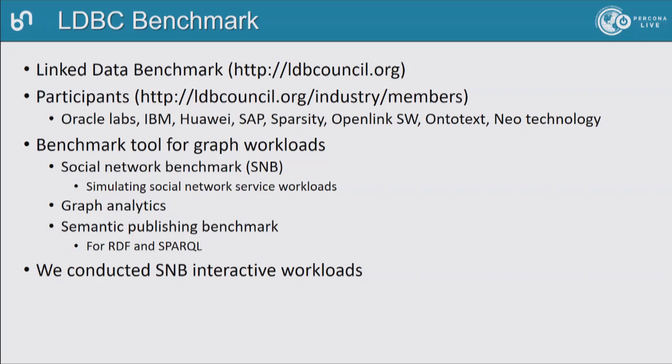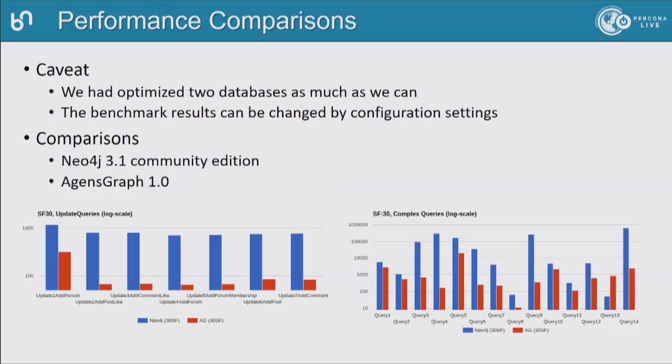And there is the graph analysis benchmark, which conducts large-scale graph analytics. We use the SNB interactive workloads for the performance comparison. This is the result. We compared AgensGraph version 1.0 and Neo4j 3.1, the newest one. I want to emphasize that even though we had optimized both databases as much as we can, the result can change at any time according to the server configurations.